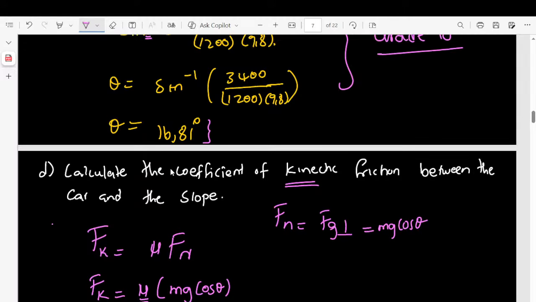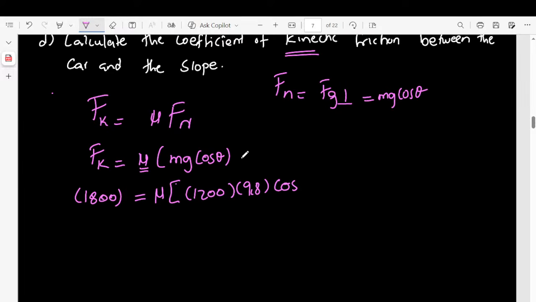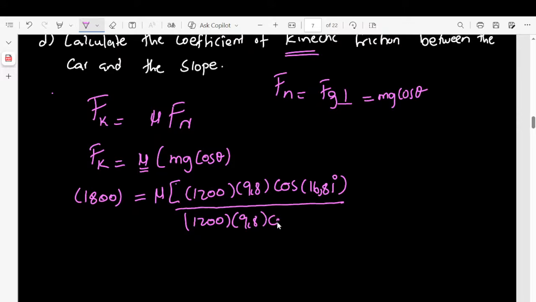This tells you that if you got the 16.81 wrong, this will affect your answer. So theta we calculated as 16.81 degrees. So now, what is next? Divide both sides by 1200 and 9.8, the cos of 16.81.